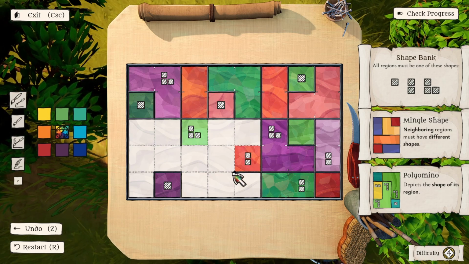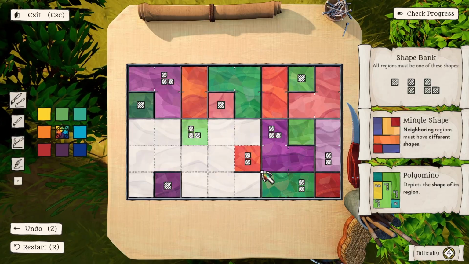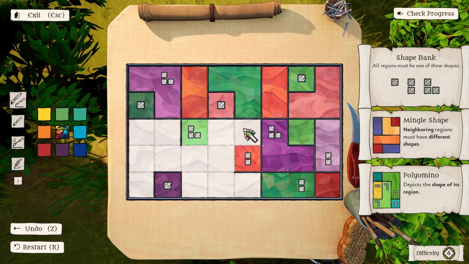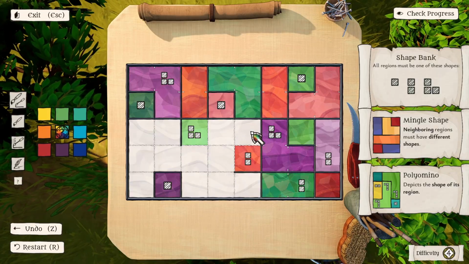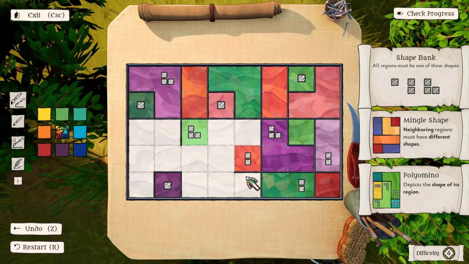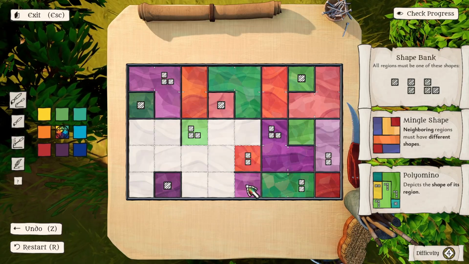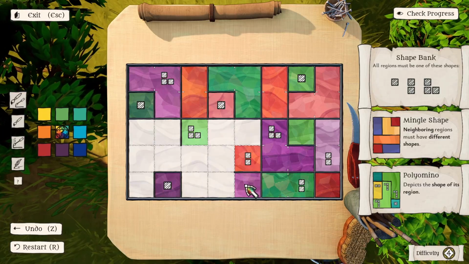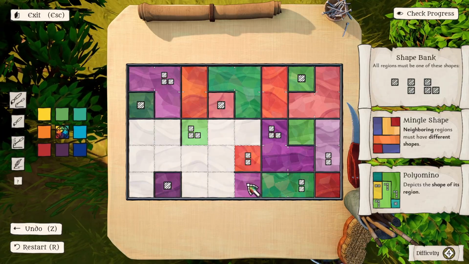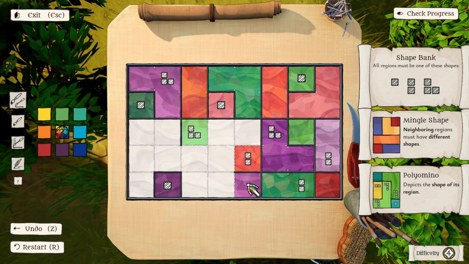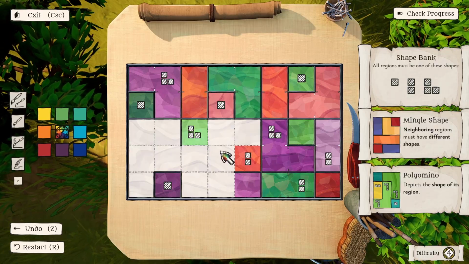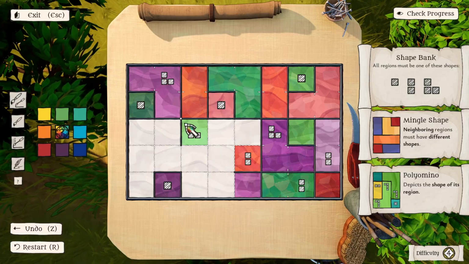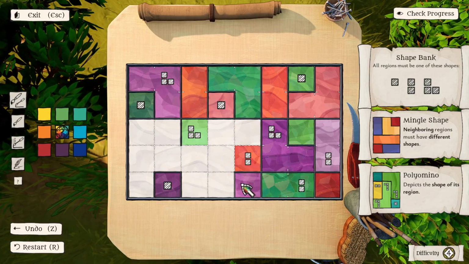Now this can't go that way. This, it could be a 2, it could be a 1. This is either a 1 or a 3. If this were part of a 3, the L shape, it would come to here, and that would break that. So this is a 1.